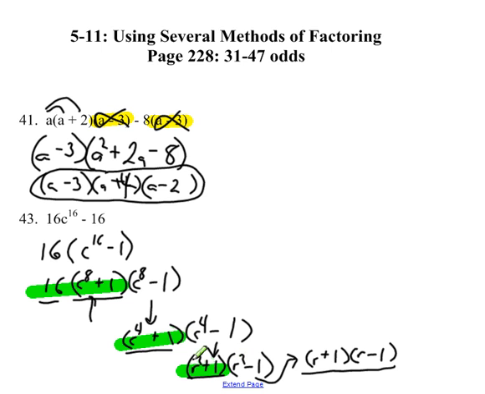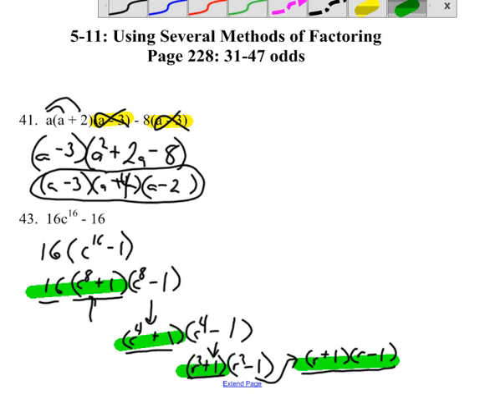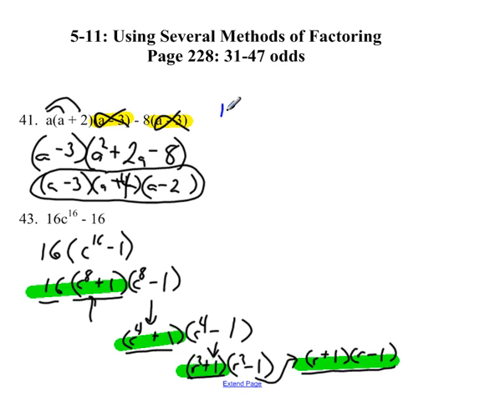That's a c. I write so poorly my c turned to an r. So all these will be c's. So let's rewrite that. Your answer is 16 times c to the 8th plus 1. I'm going to put c to the 4th plus 1 next.